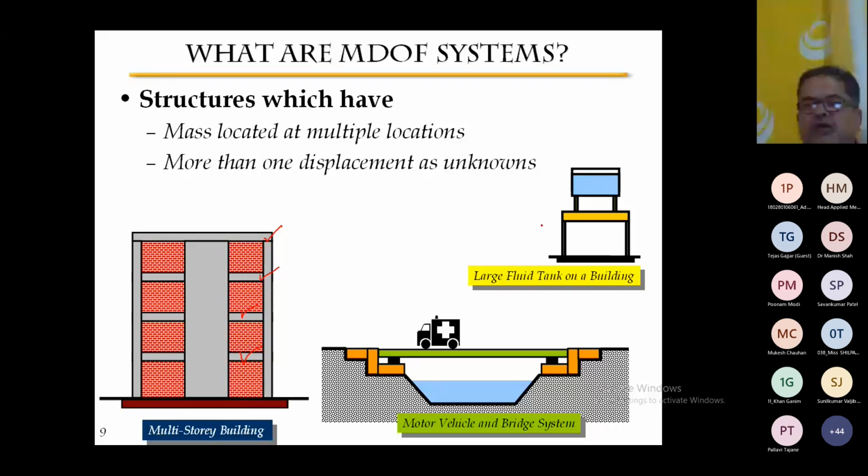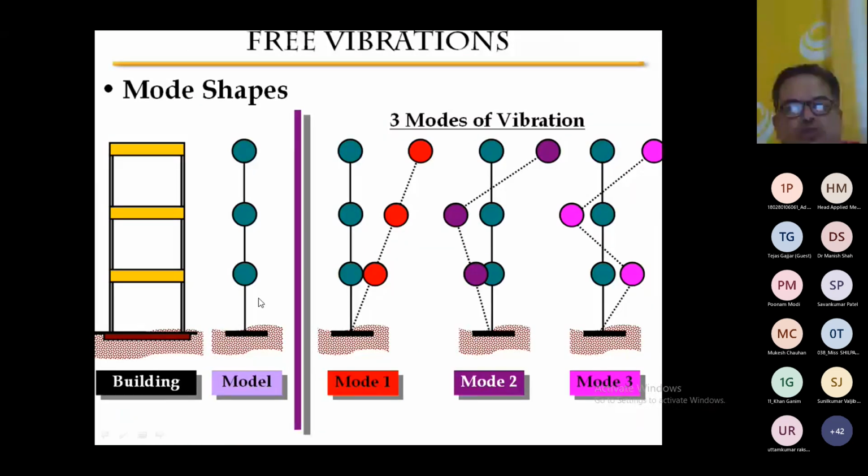Or if you are talking about a large fluid tank, then the mass is located somewhere here. So we can have a multi-degree of freedom system, meaning the degree of freedom is higher than 1. Right. So I'm taking a very simple case. When we go for the code-based procedure, we must have a certain idea of the mode shape.